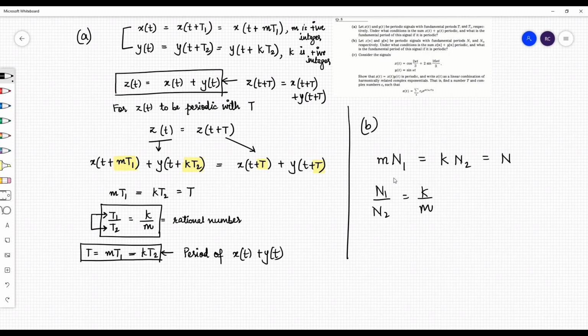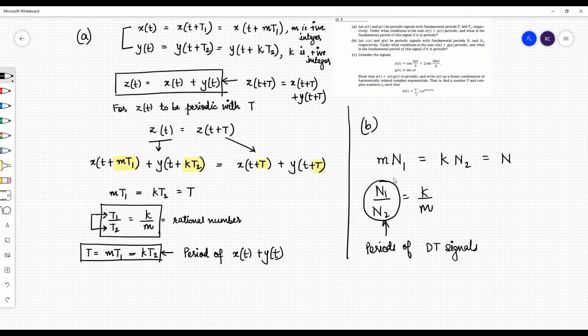Now notice that N1 and N2 are periods of discrete time signals. They are already integers, they cannot be anything else, right? That means there is no way that this ratio N1 upon N2 is not a rational number. It is just not possible, because N1 and N2 are periods of discrete time signals.